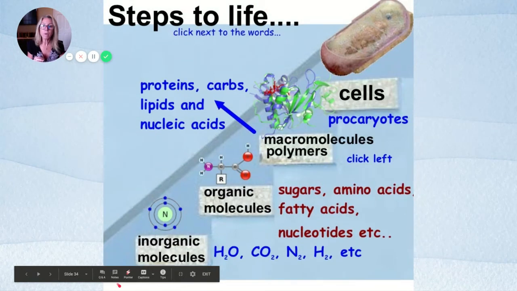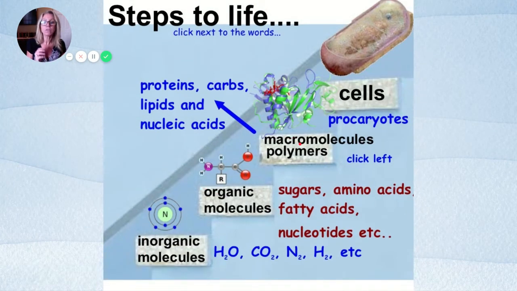So back to where we are: inorganic to organic, organic to macromolecules, polymers. Now we're trying to build that first cell, and the simplest of cells would be a prokaryote. We'll talk more about prokaryotic and eukaryotic cells later. You have to have that outer membrane first, so evolution of protocells having at least an outer membrane.